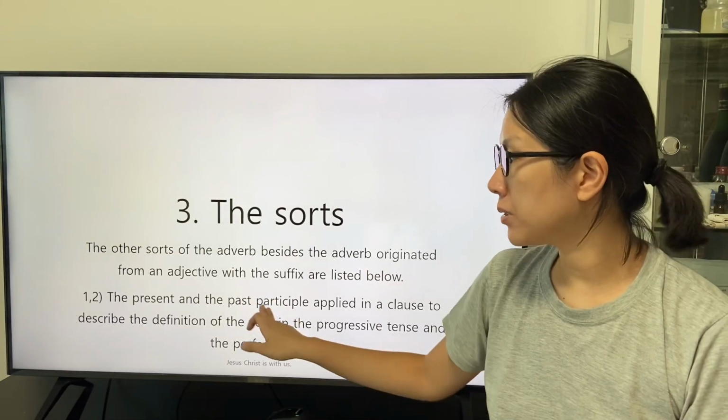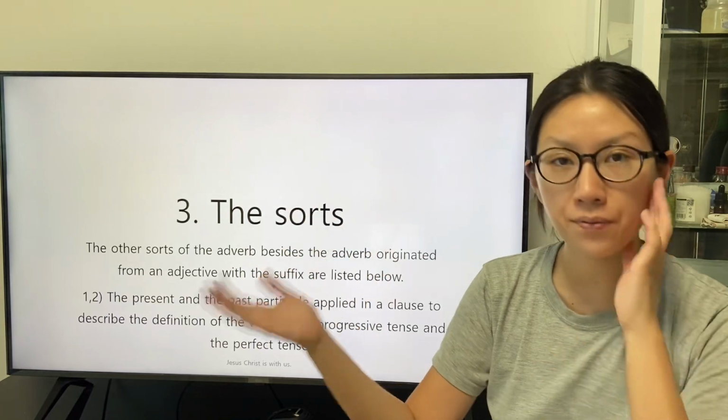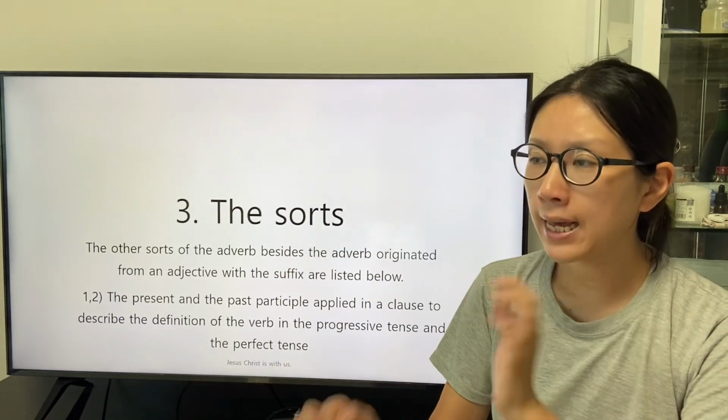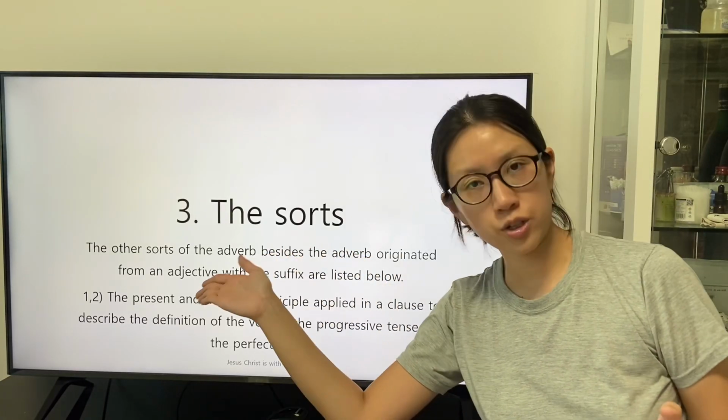The past participle also refers to a form of a descriptive word as an adverb or an adjective.